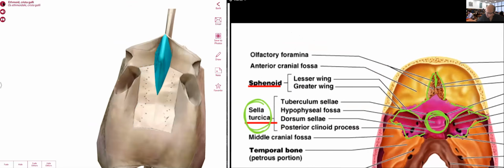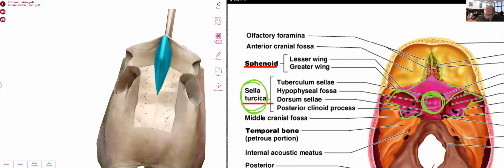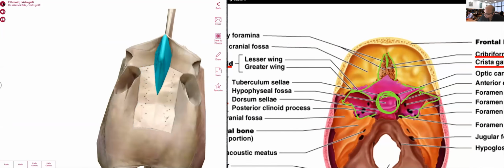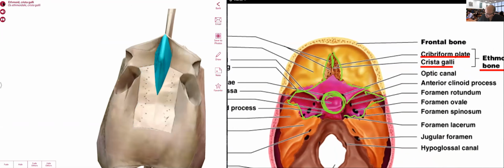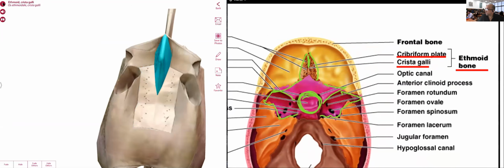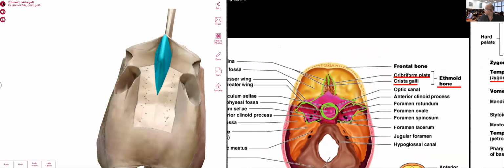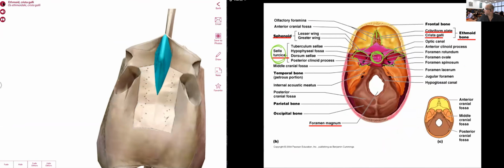Those are my cribriform plates. And again, all those are part of my what bone? Of my ethmoid bone.